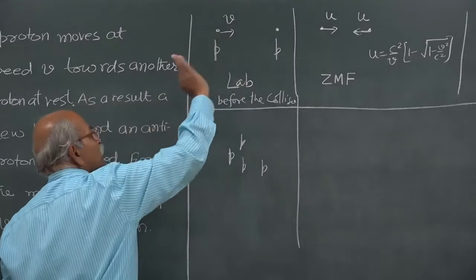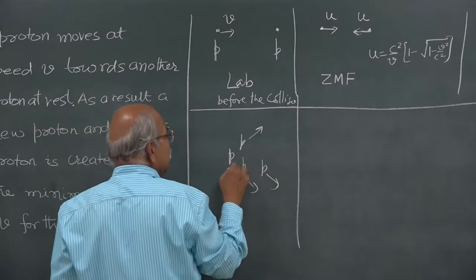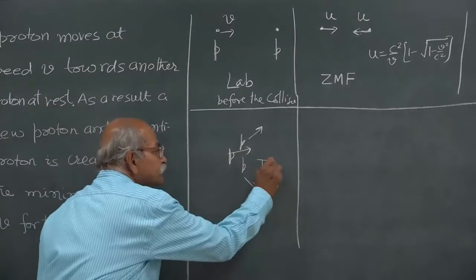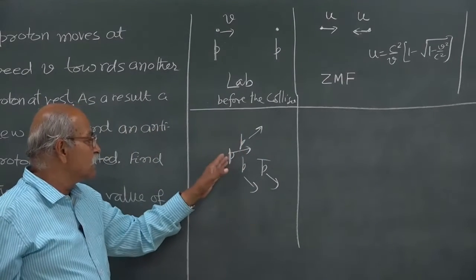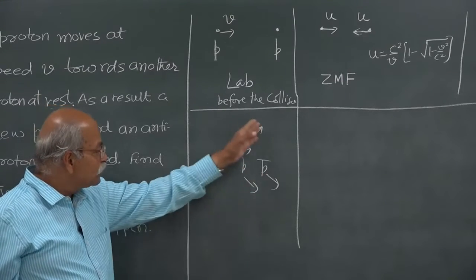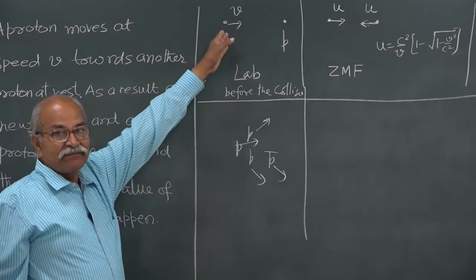You should have a forward momentum. I do not know which way, but maybe something like this. The particles are moving, 2 original protons, 1 new proton and an antiproton, and they are all moving so that the linear momentum is the same as this linear momentum.